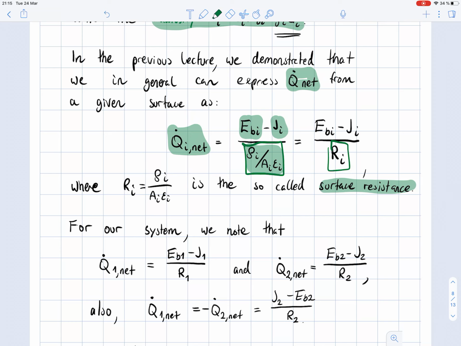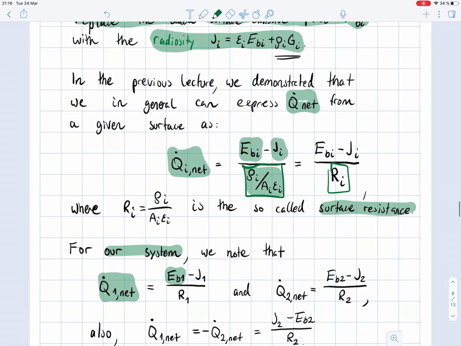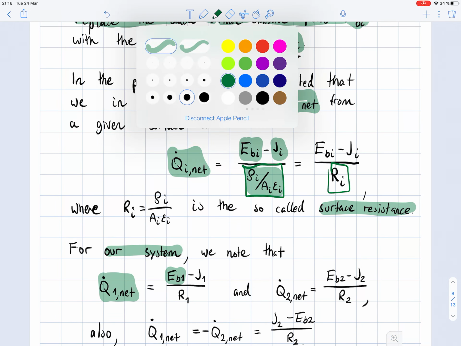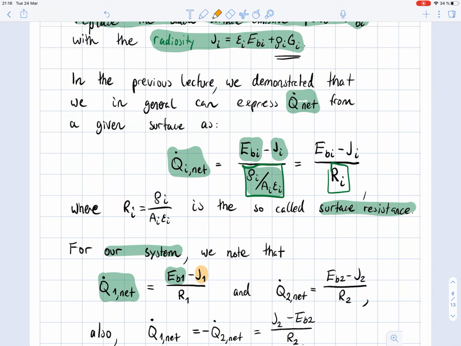So for our system, we have three surfaces. We note that we can express Q1 net, which is the net heat transfer from surface number 1, as EB1, which is the blackbody emissive power, minus J1, which is the radiosity, and then we divide by R1.